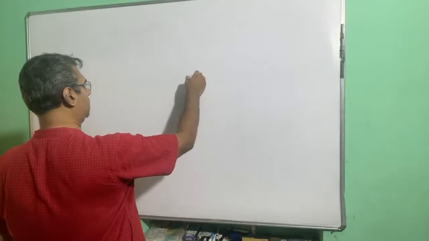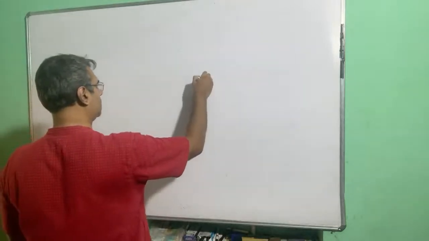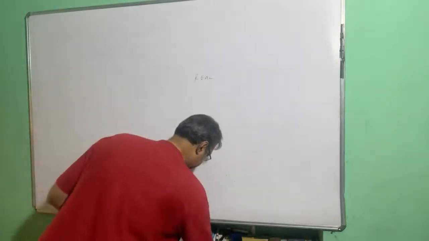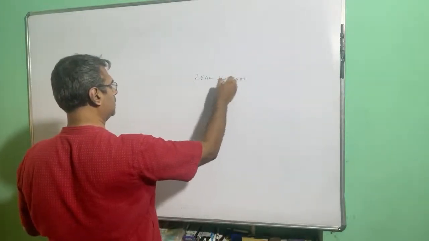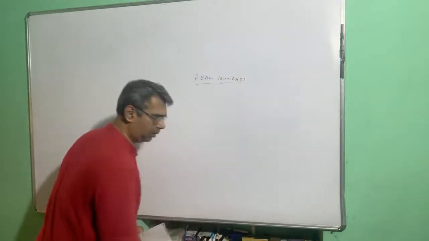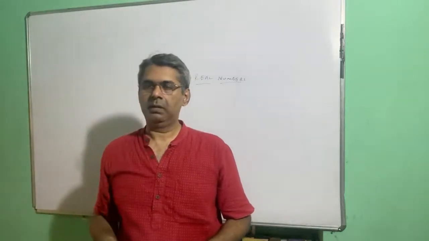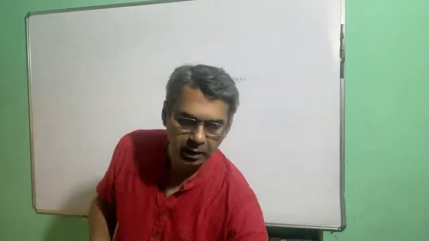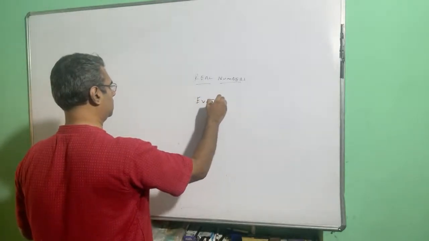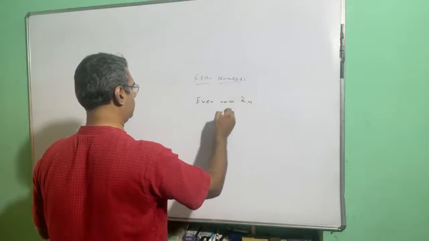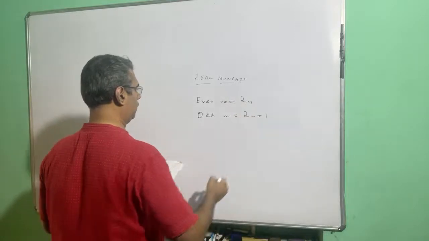So in real numbers, probably the question which has come the maximum number of times is the fact that using the division lemma, we can say that any even number will be of the form 2n and any odd number will be of the form 2n plus 1.